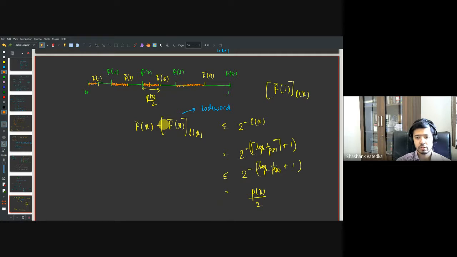Okay, so now since these intervals are disjoint, it is going to be some point. Maybe this is the code word here, this is the code word for 3, this is the code word for 4, and maybe this is the code word at this point for 4. So what can you conclude based on this? What property can you conclude?